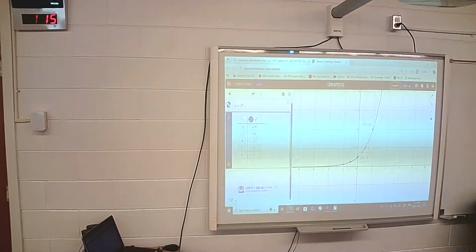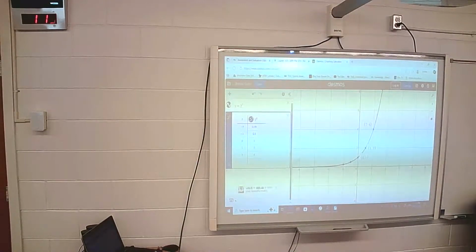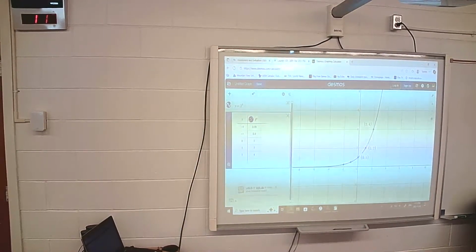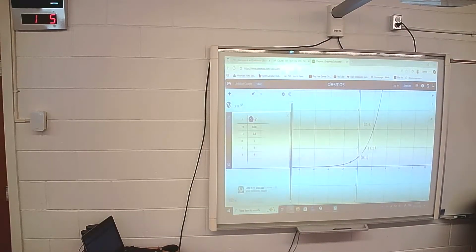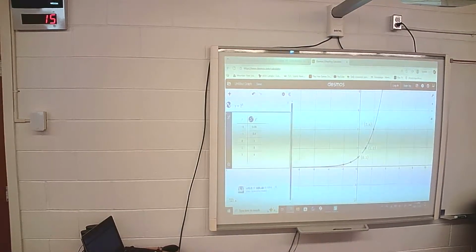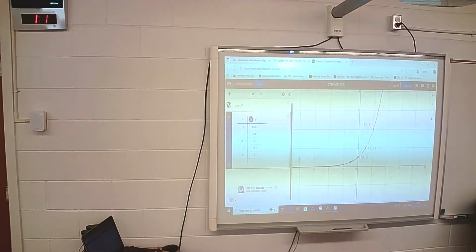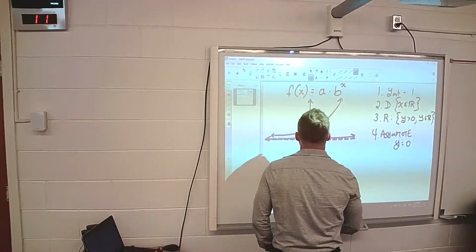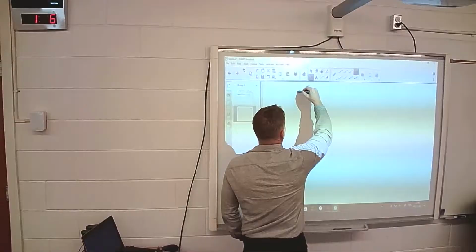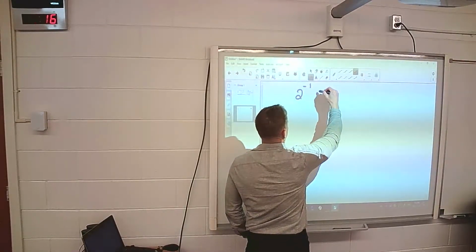Now, let's look at what happens on the opposite side of this. When x is equal to -1, that gives me 2 to the power of -1. What does that equal? Okay, so I just want you to think this through for a second.